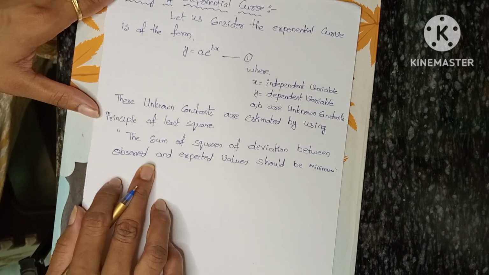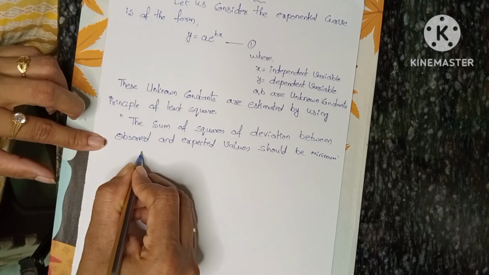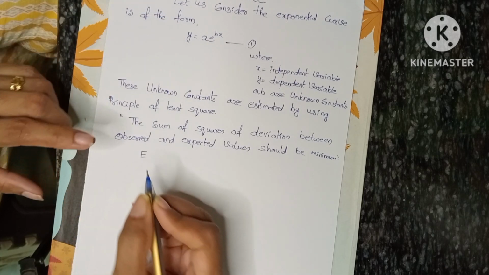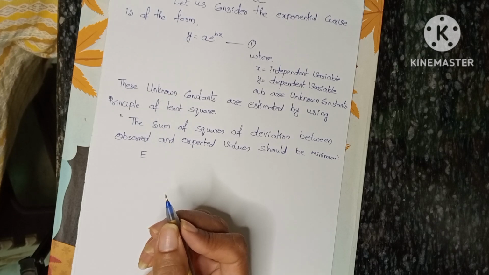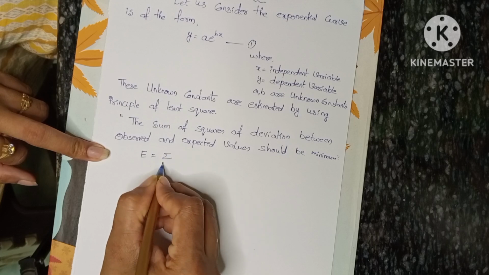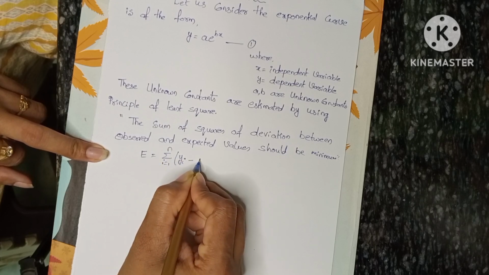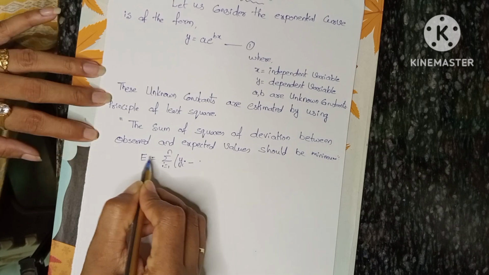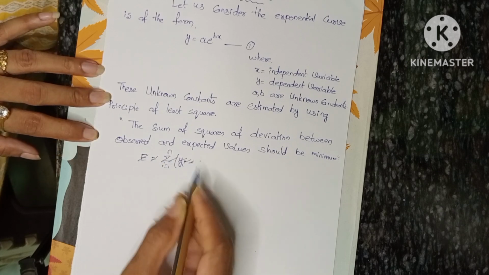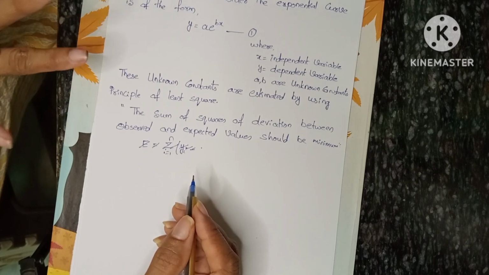Okay, so by using this principle we are going to change this equation. So we are going to write this as E, or in some books it may be epsilon. So E equals summation i equals 1 to n, yi minus... So first, here we have to change this equation into a straight line equation.